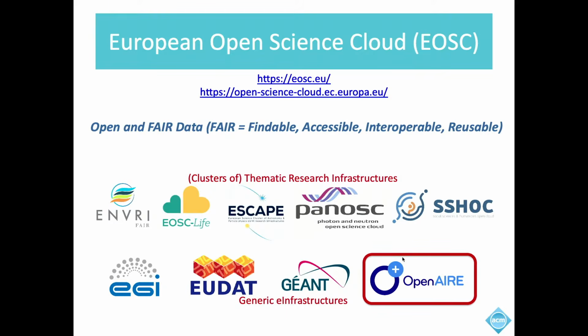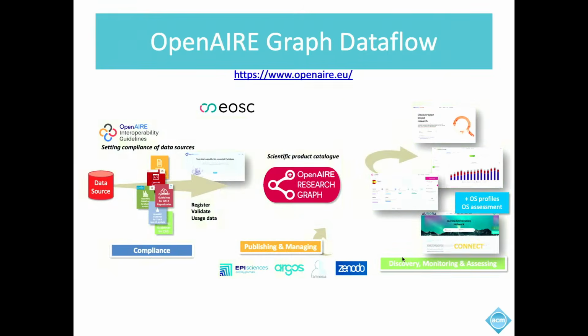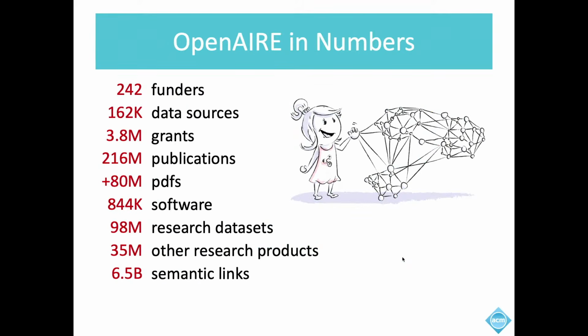Okay, good acronym. And OpenAIRE, I won't go into this detail. It's a project that has been going on for 10 years. Now there's a legal entity that supports this. It collects various types of resources in order to create a knowledge graph, the OpenAIRE Research Graph, that connects people, infrastructures, data sets, publications, funding agencies, institutions, and so on as true entities.